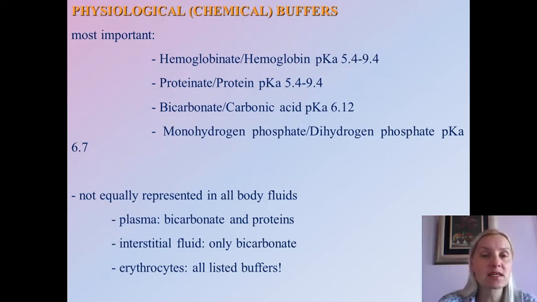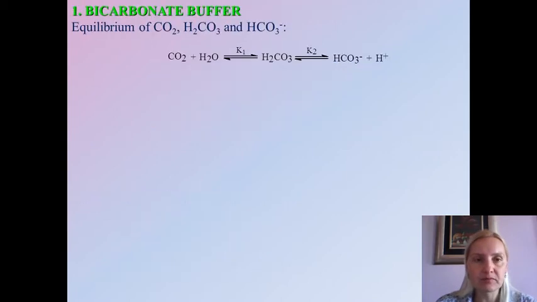In erythrocytes, we have all of these buffers active: the hemoglobin buffer, protein buffers, the bicarbonate buffer, and to a lesser extent, the phosphate buffer. The phosphate buffer is not that active in blood and other extracellular fluids, but it takes over the role of the bicarbonate buffer at the level of renal tubules, and this is going to be one of our topics later on.